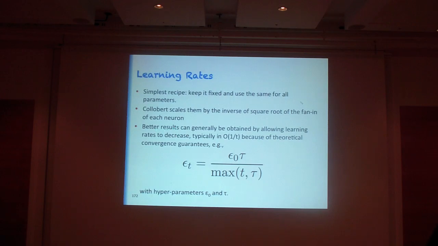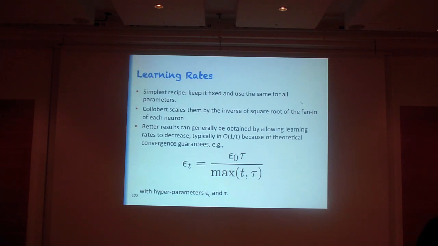There are also theoretical motivations for letting the learning rate decrease, for example, as 1 over t, where t is the number of iterations. In particular, this gives you theoretical convergence guarantees. So one particular variant that we use that works quite well has two hyperparameters. The first one is the initial learning rate, and the second one, tau, is a time constant.